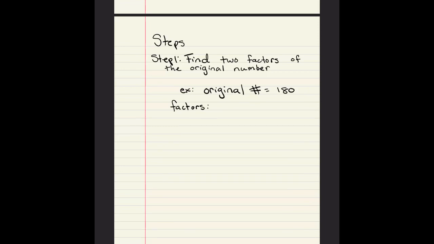I know I could do 10 times 18. That's what I did, right? I could also do 2 times 90. What else can go into 180?